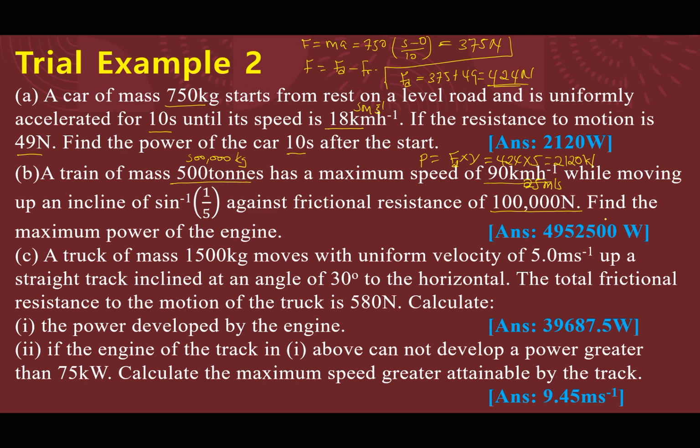So, a train of mass 500,000 kilograms has a maximum speed of 25 meters per second while moving up an incline of sine inverse of 1 over 5 against a frictional resistance of 100,000 newtons. Find the maximum power.